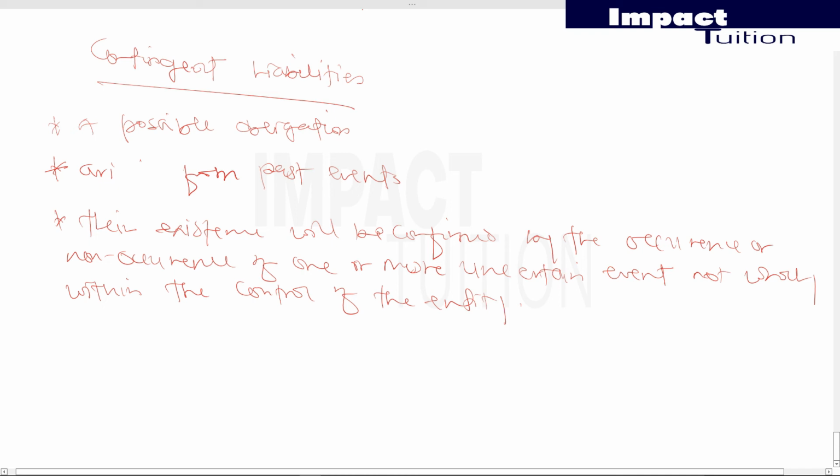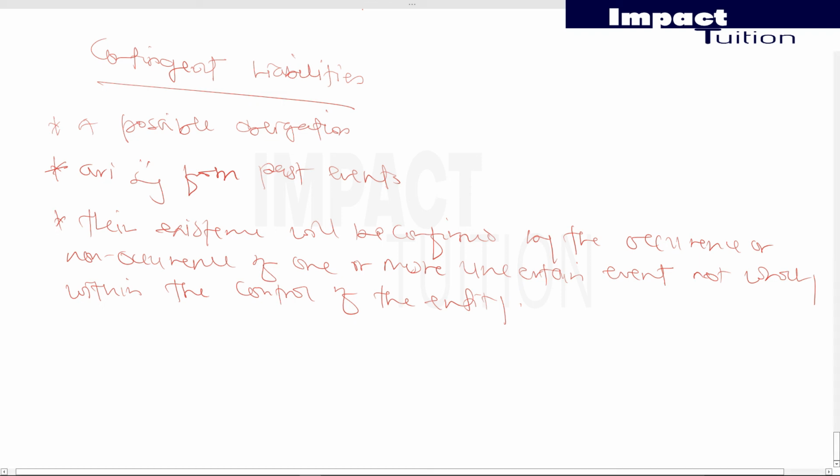All right, let's look at the definition again. A possible obligation arising from past events, but the existence of the obligation will be confirmed by the occurrence or non-occurrence of one or more uncertain events, not wholly within the control of the entity.